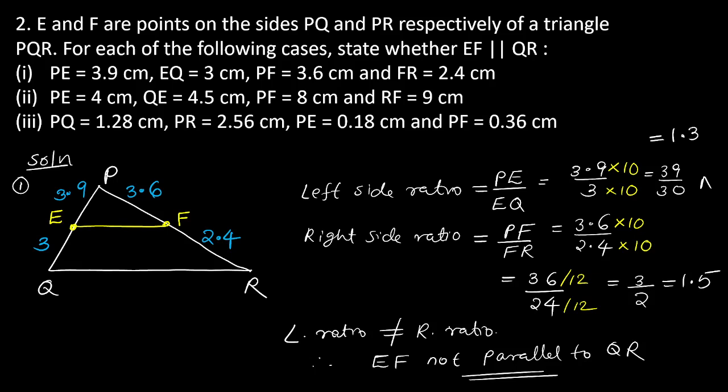The ratios are not matching, so I can say that EF is not parallel to QR. So please write down the first one. If you don't understand anything, please ask. If you are 100% clear, then raise your hand. Everyone is okay.